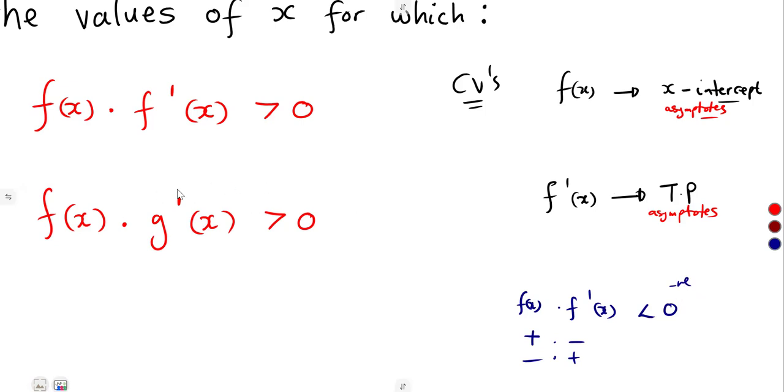When it is greater than 0, it's either you're multiplying a positive to a positive, or a negative to a negative. We talked about that before. That idea is not going to change. But what is important is where to find the critical value. So I'm going to answer this question using typical questions, because we already mentioned these before. So we're not going to waste time.